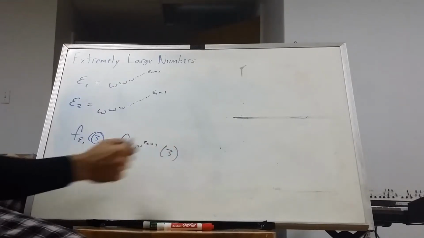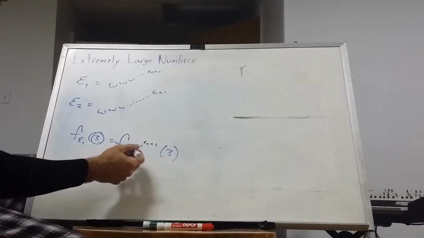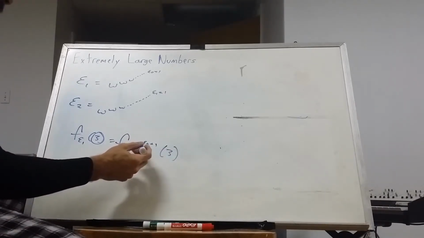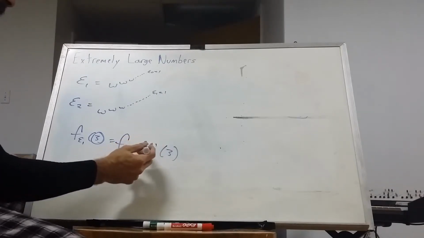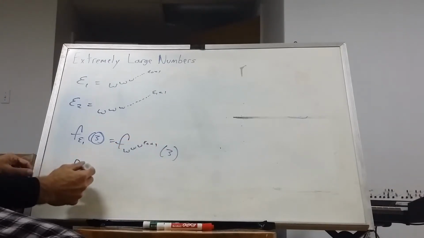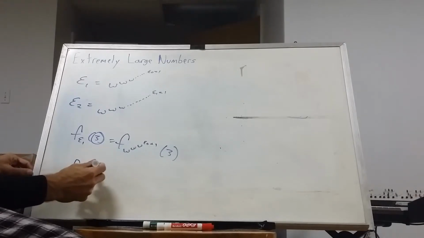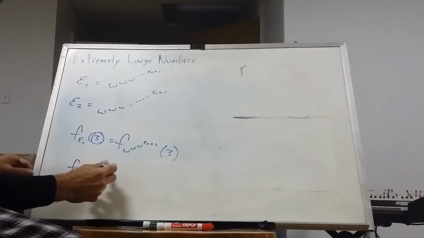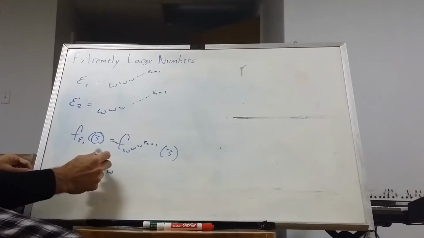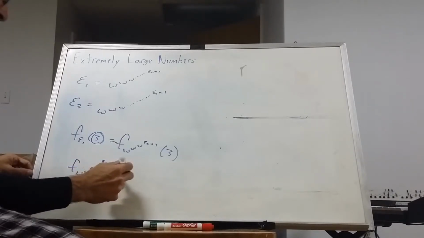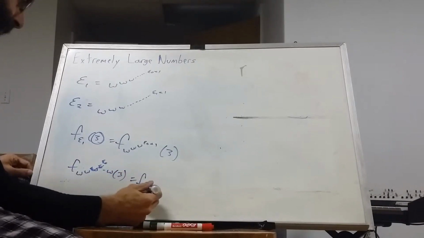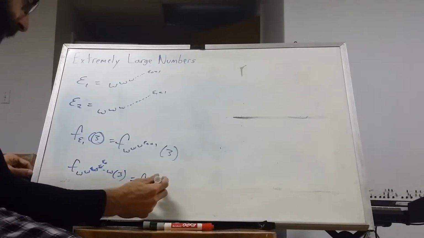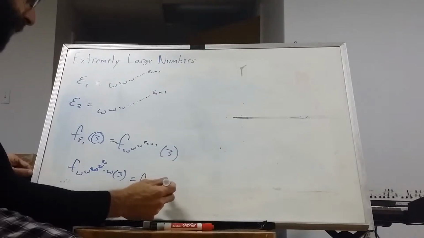And that's of 3. Then we can use rules of exponents, like we can take omega to the epsilon naught plus 1 is equal to omega to the epsilon naught times omega. So this collapses down to epsilon naught. We get f of omega to the omega to the epsilon naught times omega.